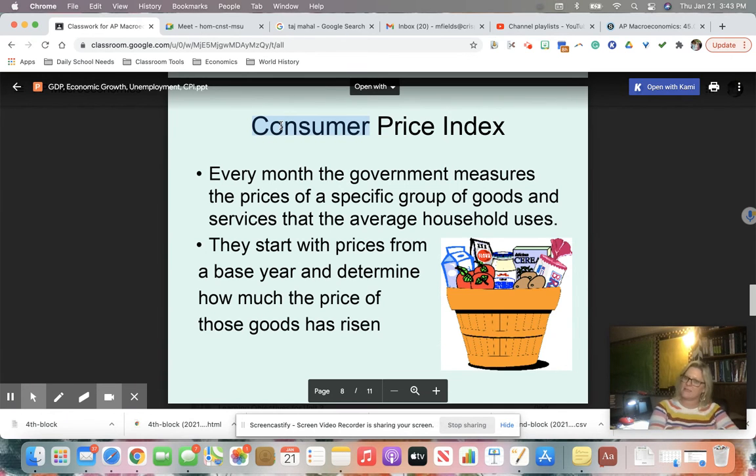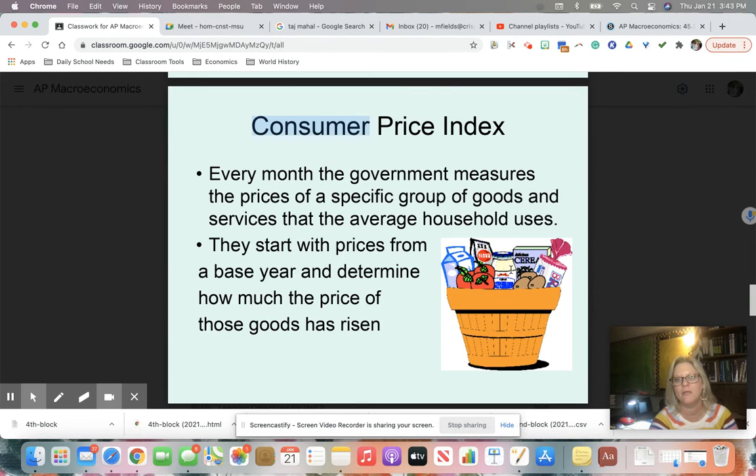You've got your market basket, and you're going to put in stuff that most Americans buy. So in this market basket on the screen, we've got flour and milk and cereal and bread, and this may be mayonnaise, some potatoes and tomatoes. Okay, we're not going to have caviar in the market basket. There are going to be things that most Americans buy.